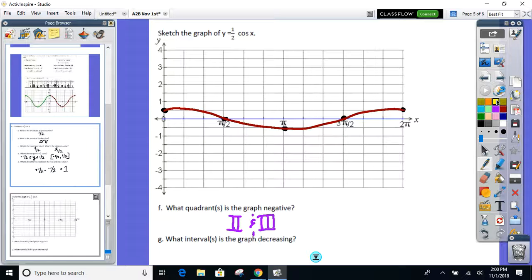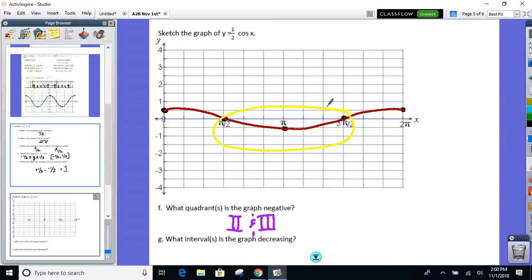Wait, how is it one spot? Circle what you're going to circle. So then you do it. Oh, a challenge accepted. All right. It's decreasing.